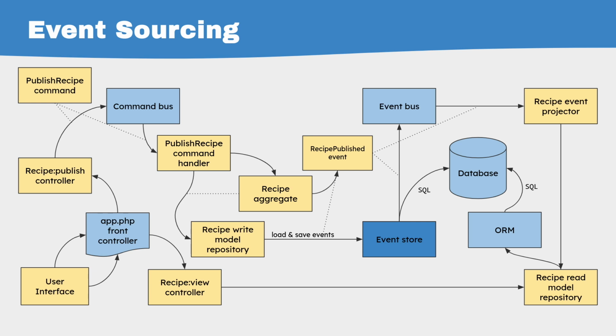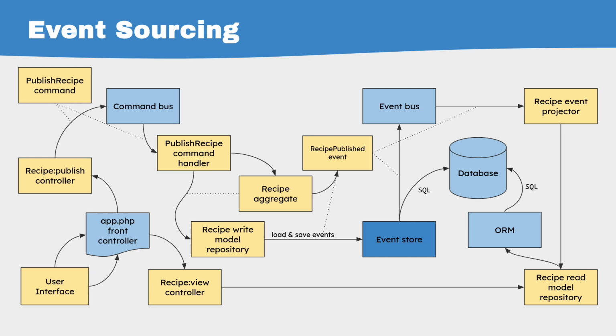The aggregate gets the call, hey, I want to publish you. It checks whether that's okay, and what events arise from that. And also that recipe published event originating from that publish call now is not directly put on the event bus, but it's first saved in the event store as the single source of truth for the system.